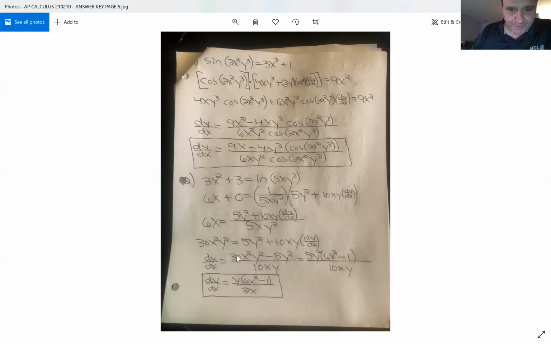Your GCF in your numerator is 5y squared, as you see here. So 5y squared times 6x squared minus 1 over 10xy. So 5 over 10, of course, is 1/2. Y squared divided by y is just y on top and the x on the bottom. Okay.